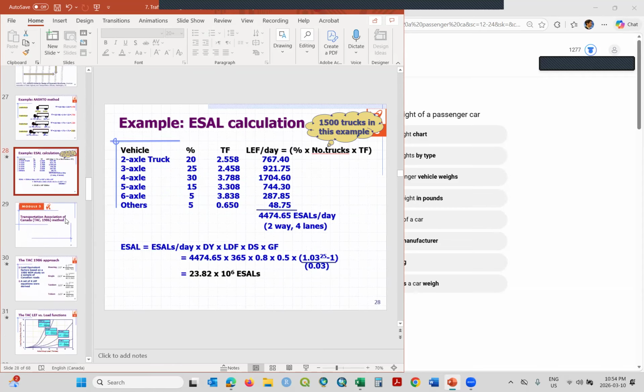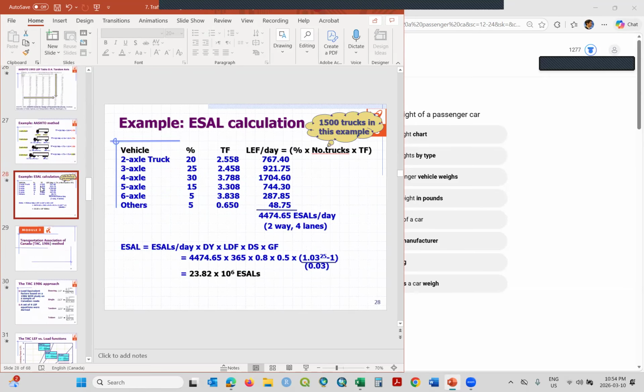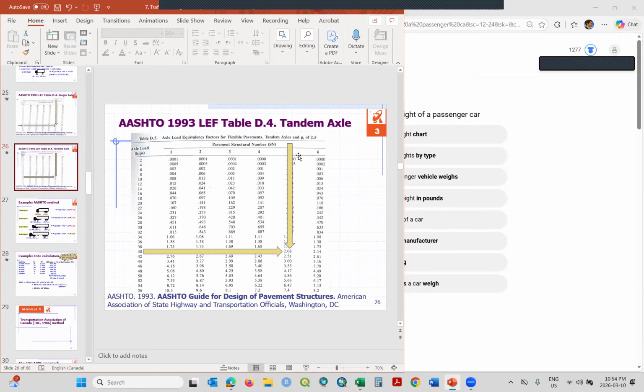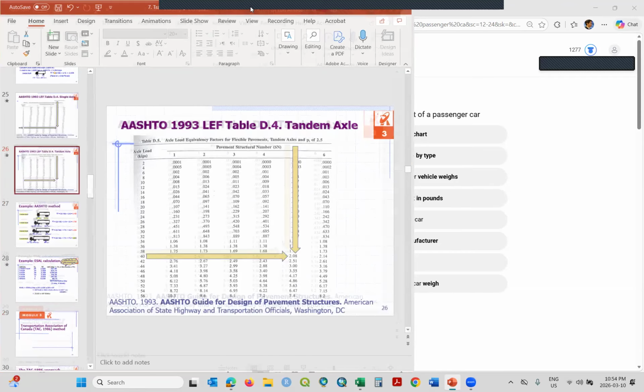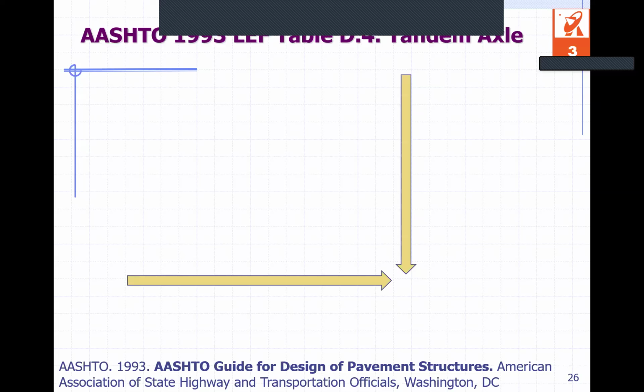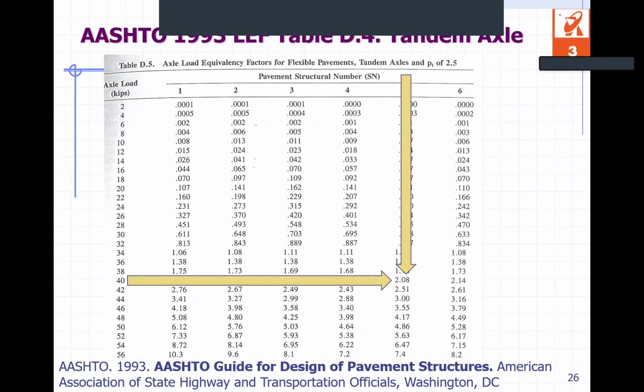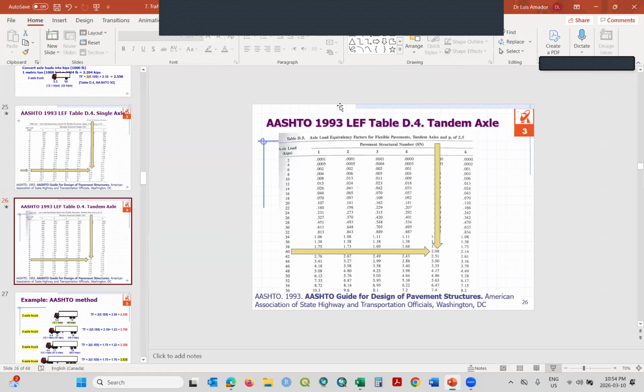Okay. So this method we just looked at is the AASHTO. Remember, the foundation was this type of tables that are graduated for how strong the pavement is, how much weight you have, and what type of axle you are looking at.